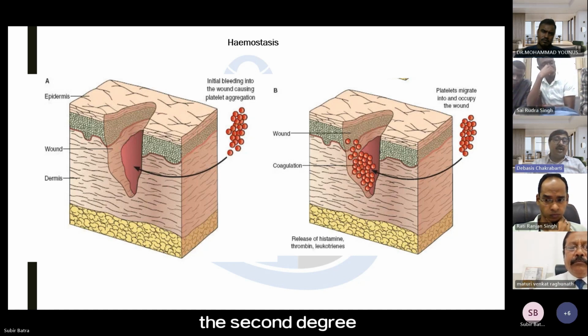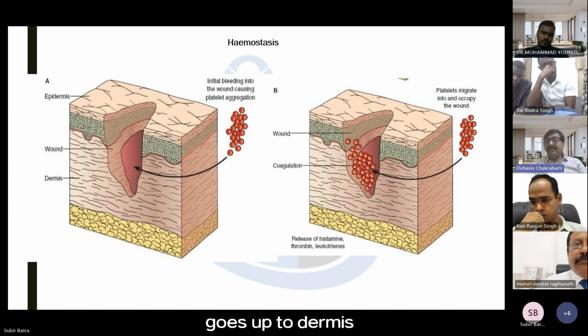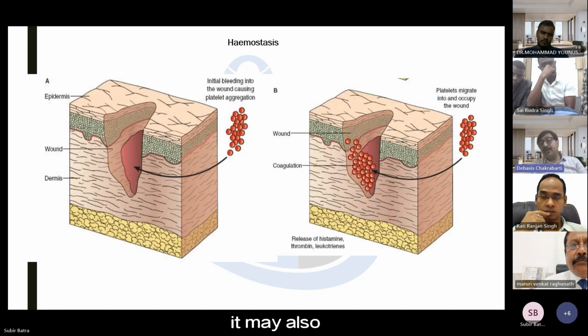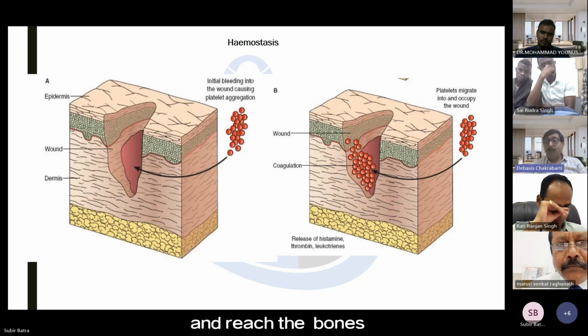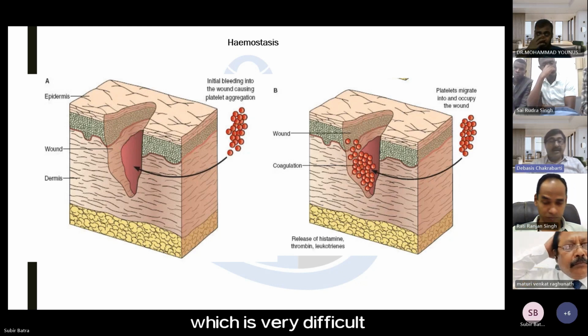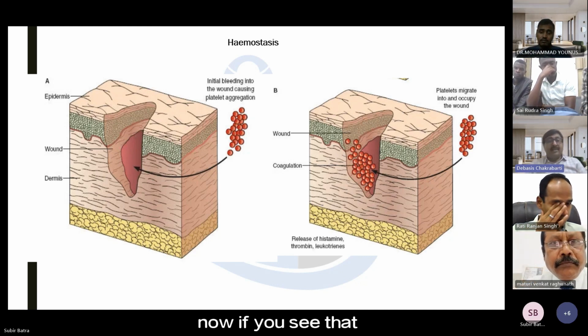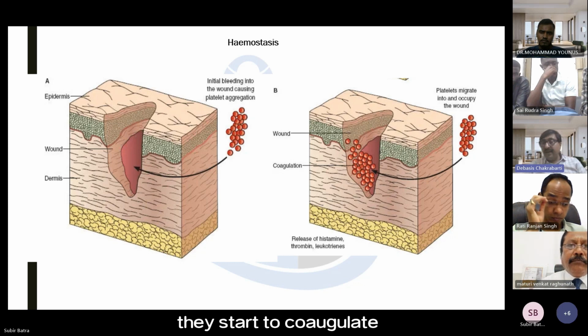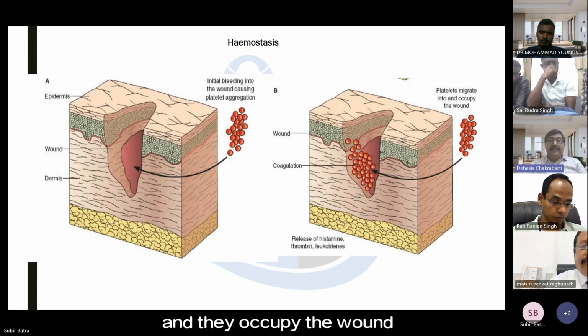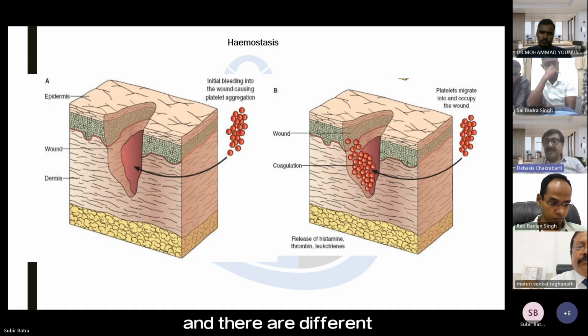The second degree goes up to the dermis, and a third degree may also cross the hypodermis and go to the bones, which is very difficult. Now, when there is a cut, the platelets start aggregating, they start coagulating, and they occupy the wound, and the bleeding stops, and there are different processes involved in that.